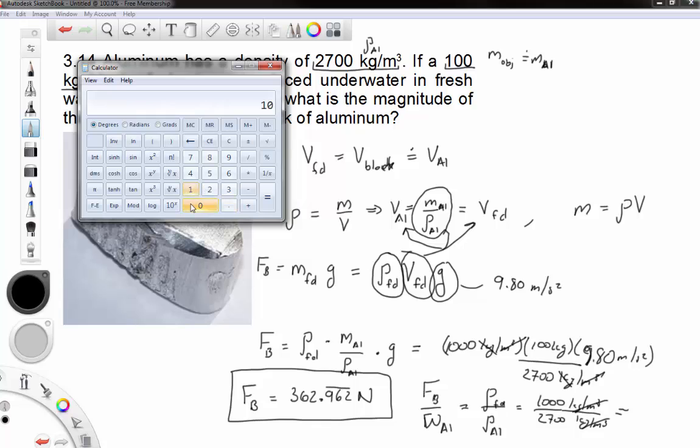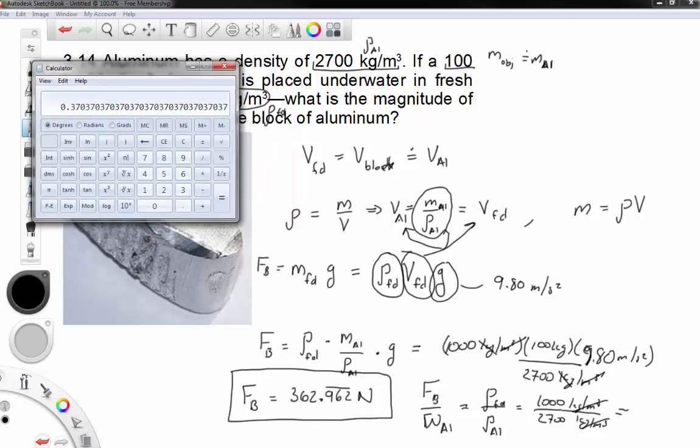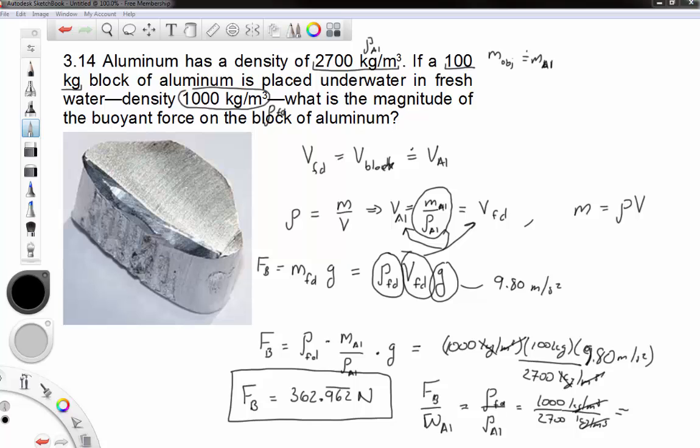And if you take 1,000 and you divide it by 2,700, what you end up getting is about 37.037, if you multiply by 100%, that is. So 37.04%.